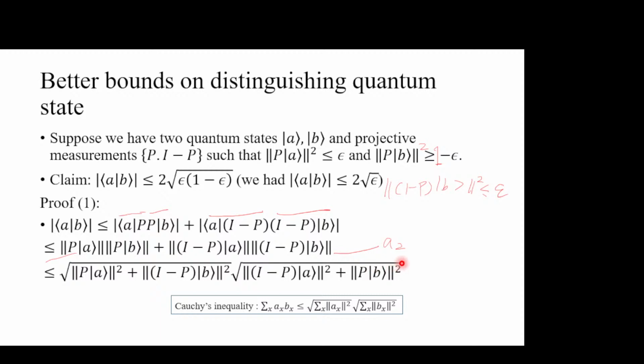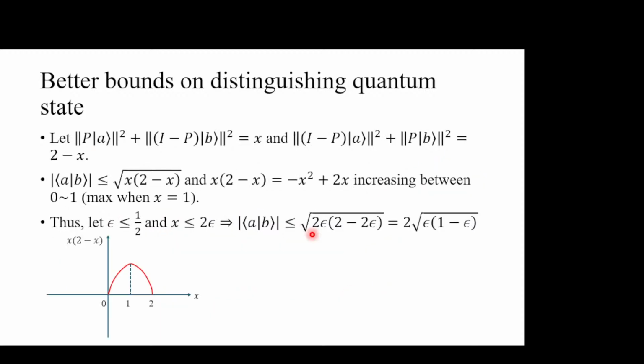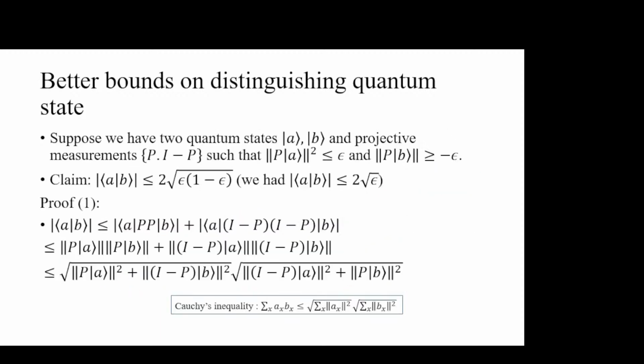And so how should this term be bounded? You think about this: this is about epsilon, this is about epsilon, and these should be 1 minus epsilon, 1 minus epsilon, then together they should be less than or equal to 2 square root epsilon times 1 minus epsilon.